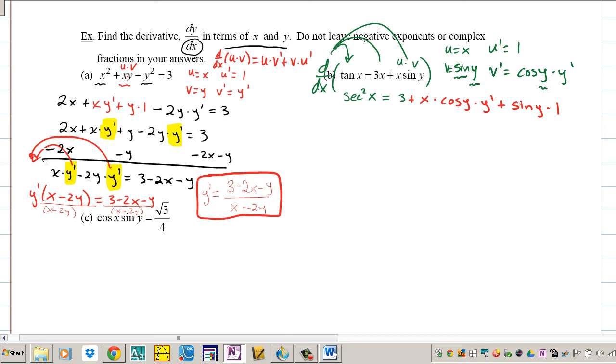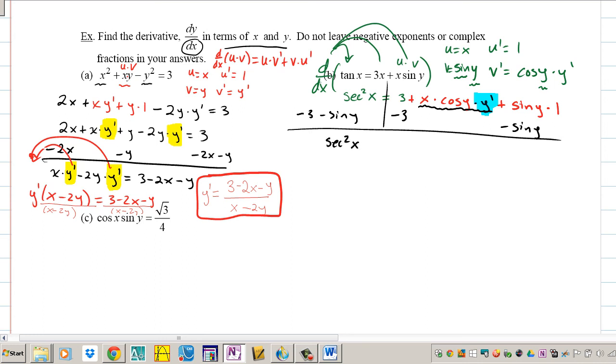So, solving for y prime. Luckily we only have one term that's y prime and the rest are not. So that means I can subtract minus 3. All this is together, so I can't subtract. But I can subtract sine y because sine y times 1 is just sine y. So it's minus 3 minus sine y. You guys like that cross down the middle, so here it is.